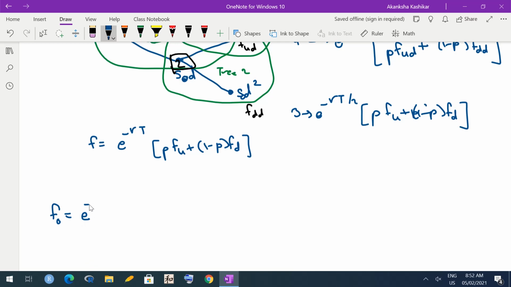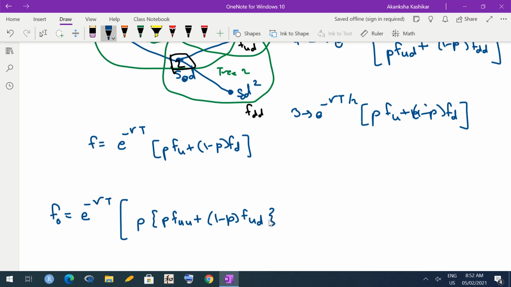It would be e raised to minus RT by 2 and e raised to minus RT by 2, which is taken common from the two values. So e raised to minus RT and then P times FU. So FU is actually now PFUU plus 1 minus PFUD.